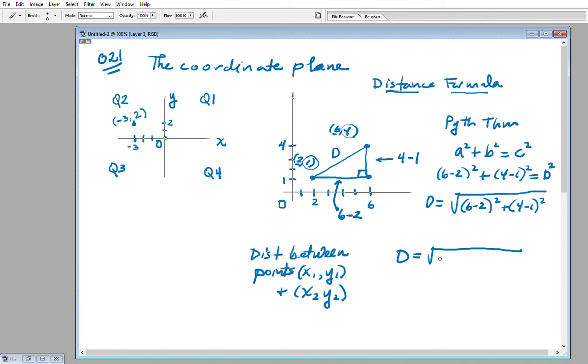So to get the distance, we just subtract the x values. Doesn't matter which one we put first, but I'll put x2 first, in parentheses squared, and subtract the y values. That's like what we did up here. So we see from this example that this is the general way of finding the distance between 2 points.